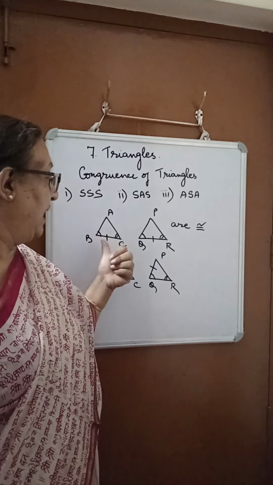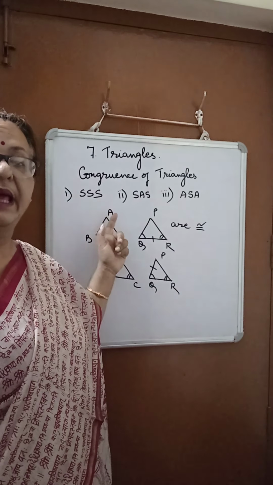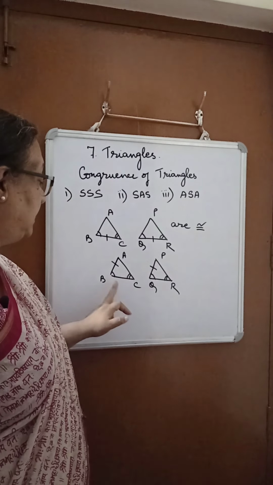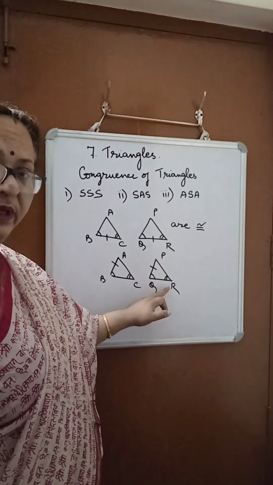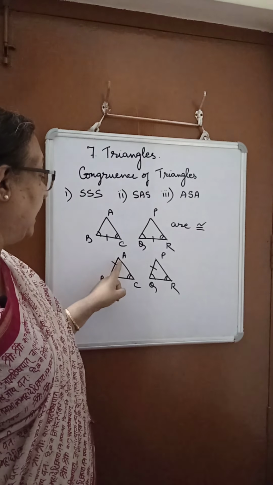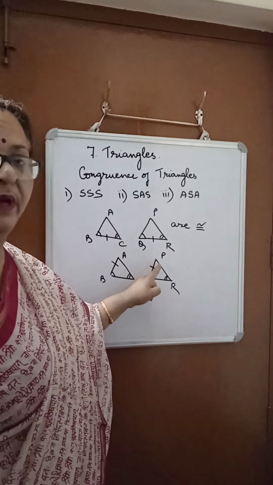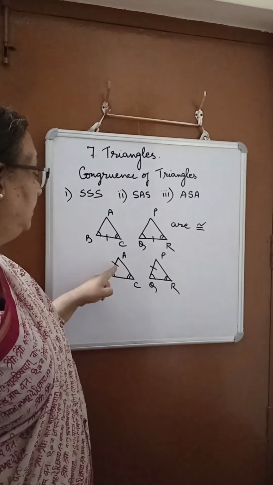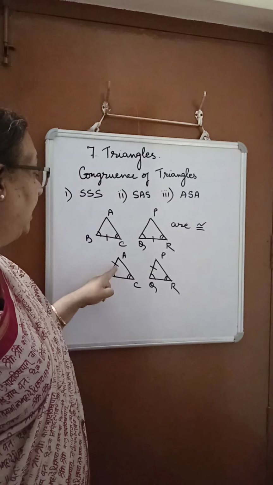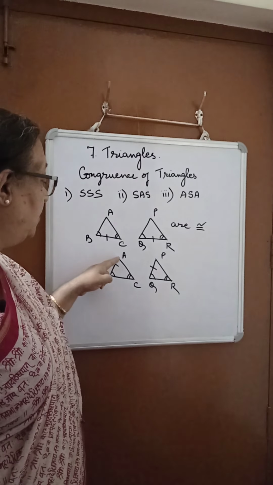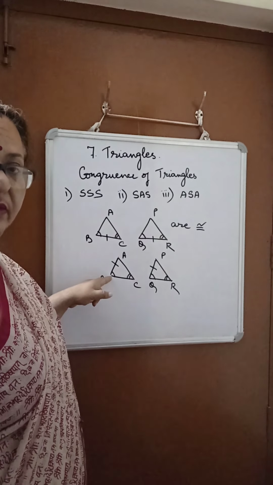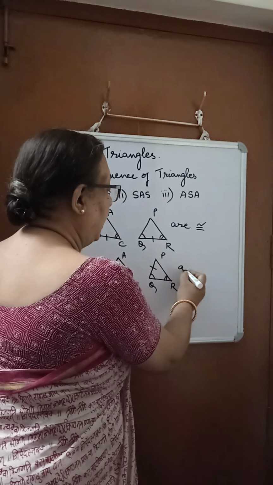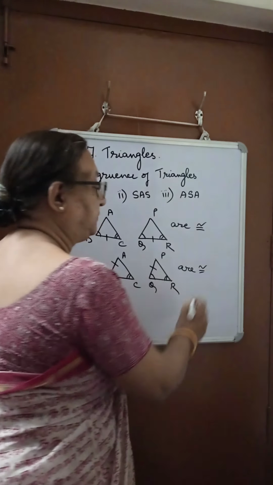Yes. If two angles of a triangle are equal, the third angle will automatically be equal. So here you see, in this case, we have two angles equal. So this angle A must be equal to angle P, isn't it? So now if we take any side, if we have these two sides equal, in this case also the triangles are congruent.